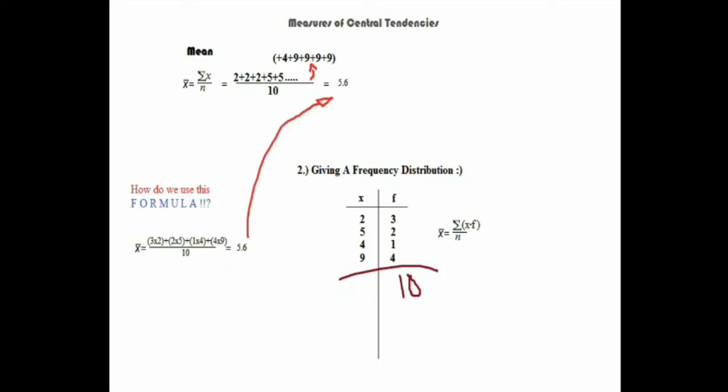Okay, a different situation is if we are not given a frequency distribution. Now what we are given is a grouped distribution. Instead of a frequency distribution, we're given a grouped distribution.